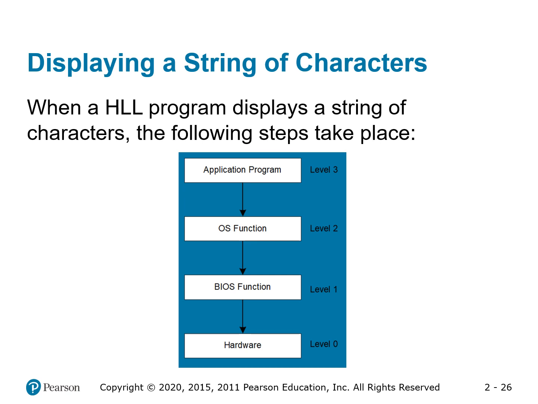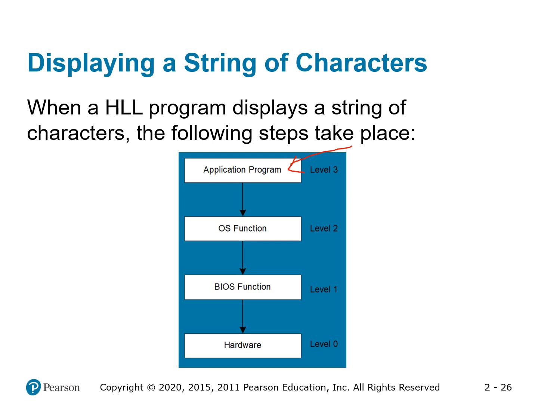All right, so let's say that we wanted to display a string of characters with a high-level language. These would be the steps that we would have to take, starting here with our high-level language. Let's say we created a program in Java.